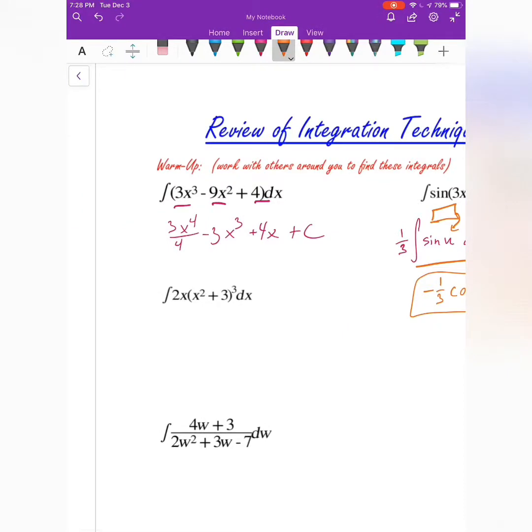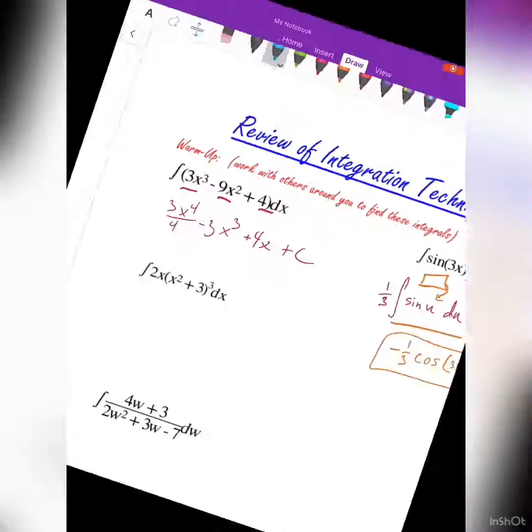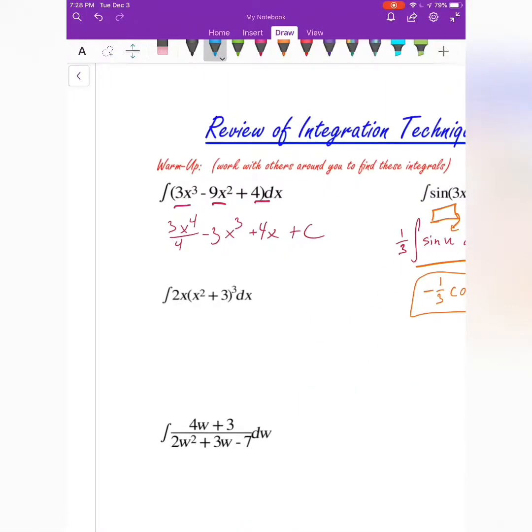Now this one is a little bit more of a mess. It's obvious that we have a product rule and a chain rule here. We're definitely going to have to do a u sub, and again, a good technique is to use the innermost part of the function, but also its derivative is in the problem. 2x dx is exactly what we want, so that's perfect. So I'm going to swap that out and put du in.